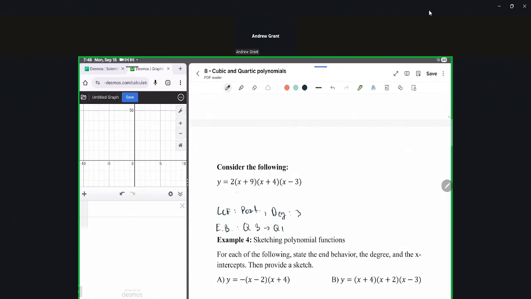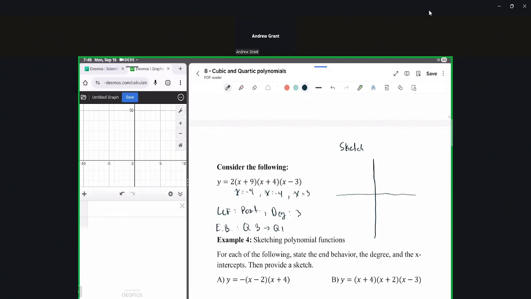This has x-intercepts of x is equal to -9, x is equal to -4, and x is equal to 3. And so, if I were to do a sketch of what it looks like, and again, sketches and arc graphs, if you wanted to graph this, you would need to choose x values between x equals -10 to x equals 5 to be able to sketch this reasonably well.